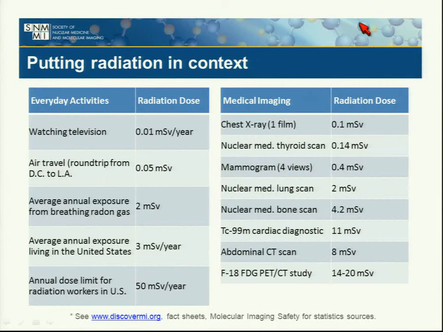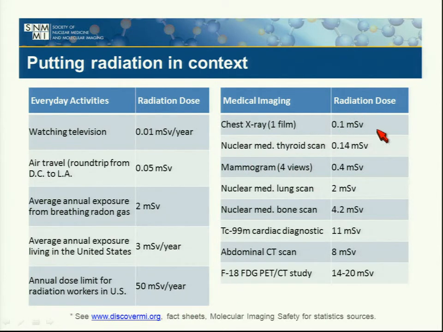And here are some other things. Old TVs particularly gave off a little bit of radiation. Those of us like myself who flew up from Boston got about 0.05 millisieverts just flying across the country, because you're higher up and the stuff from outer space is more likely to hit you. So that's a small amount. As we said, this is about what we get from background, and this is what workers get.